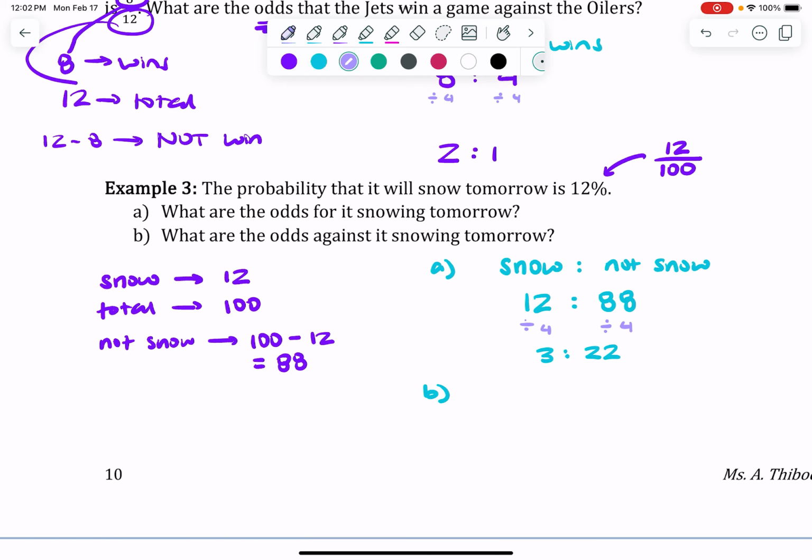This is my final answer here. When I'm talking about my odds against it snowing, that means I'm looking for the ratio of not snow to snow, which just means I'm reversing those numbers. I've got 88 to 12, or I can represent that as 22 to 3.